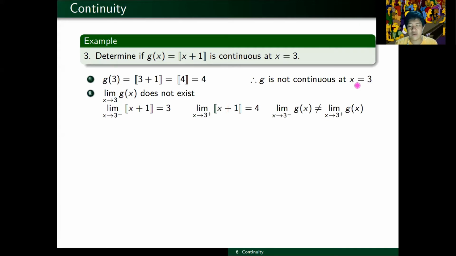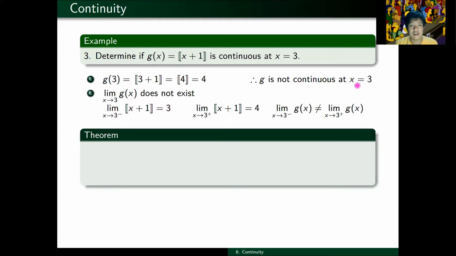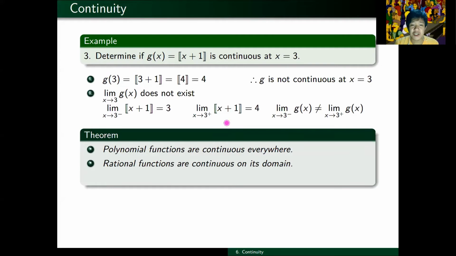Okay? So, before we continue, let's have some quick facts. No? Una sa lahat, very useful, polynomial functions are continuous everywhere. Yung number 1 kanina, in an example ng isang polynomial functions, and similar types of functions, no, they are continuous at any x, at any real number. Hindi mo na kailangan i-check. Rational functions, on the other hand, are continuous on its domain.